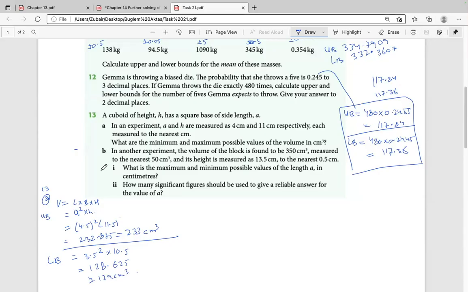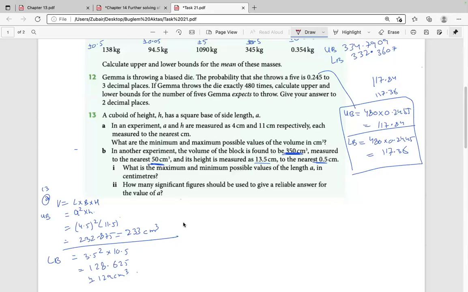B part. In another experiment, the volume of the block is found to be 350 centimeters cubed, measured to the nearest 50 centimeters cubed. So volume is 350, nearest 50, and its height is measured as 13.5 to the nearest 0.5. What is the maximum and minimum possible value of a?